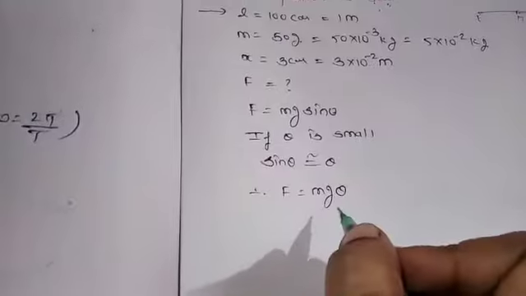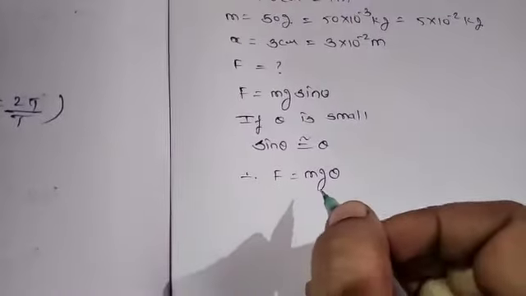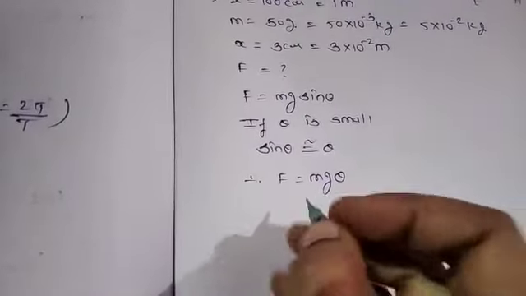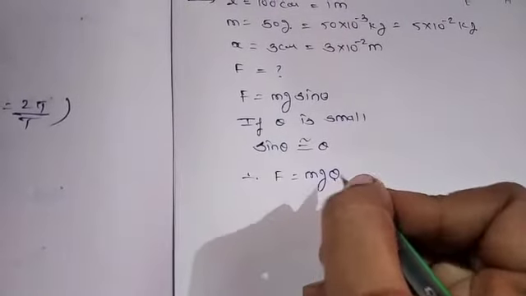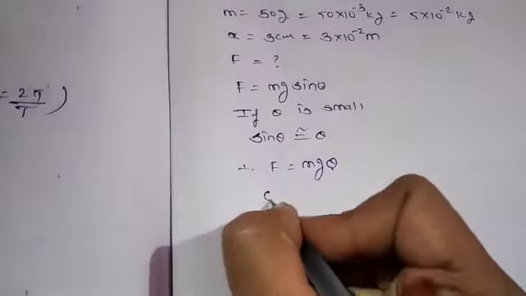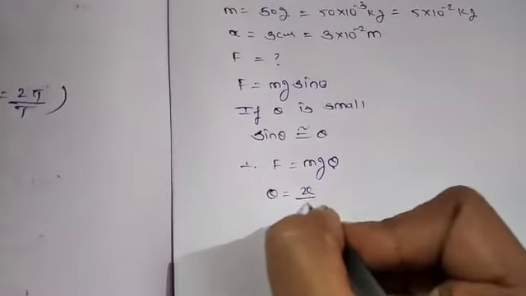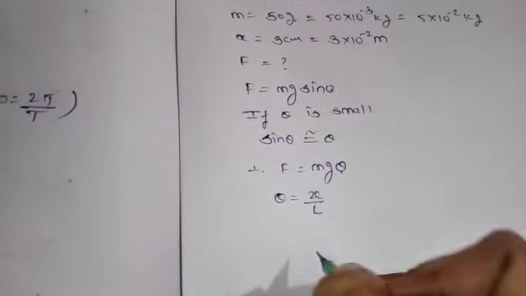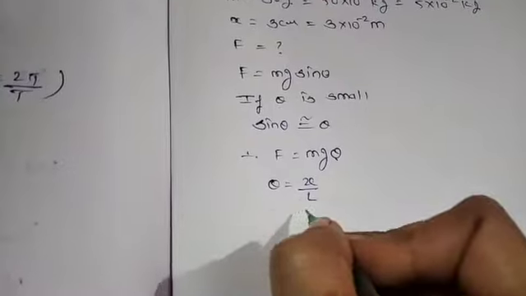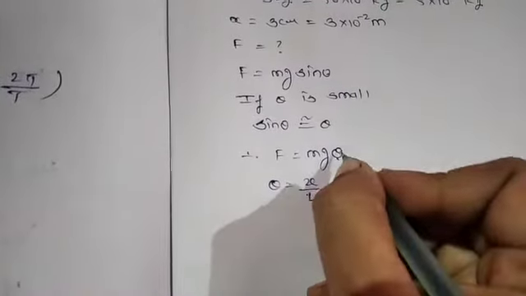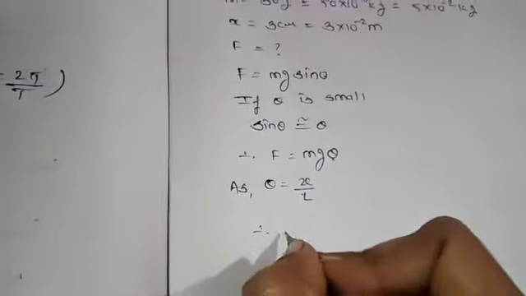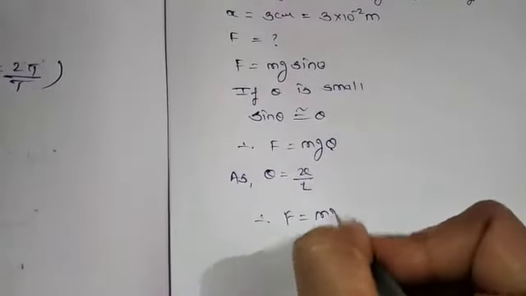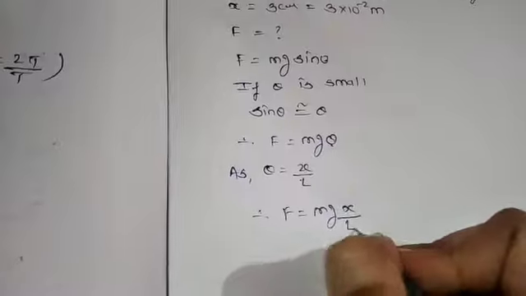Here, the angular displacement theta is equal to x, the arc length, upon L, the length of the string, so x upon L. So we'll write this value here. Therefore F is equal to m into g into x upon L.